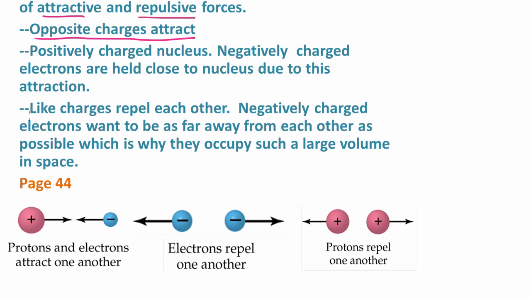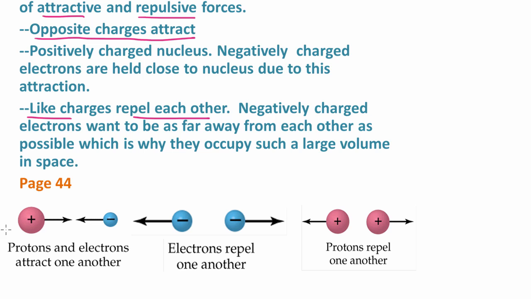Now, as I said before, like charges repel each other. So the negatively charged electrons will try to be as far away from one another as they can. And this is why the extranuclear region is so large, because those electrons repel one another.